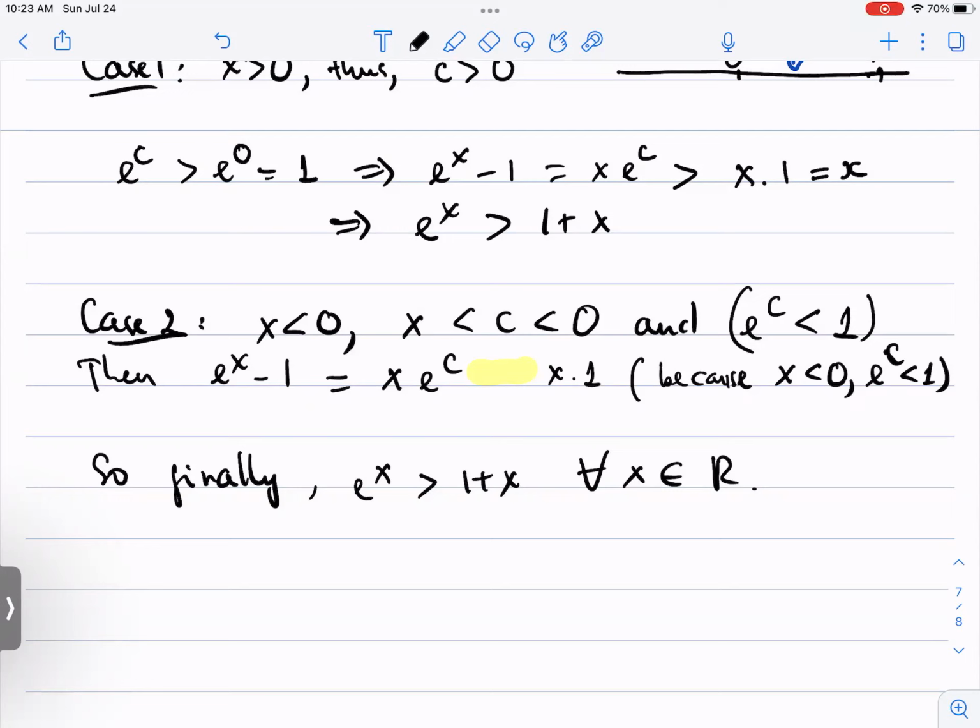That's why here we still have the inequality: x times e to the c is bigger than x times 1. So finally, e to the x is bigger than 1 plus x for all x inside the set of all real numbers.